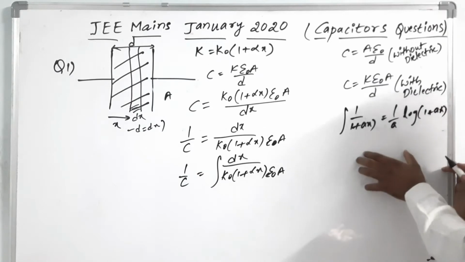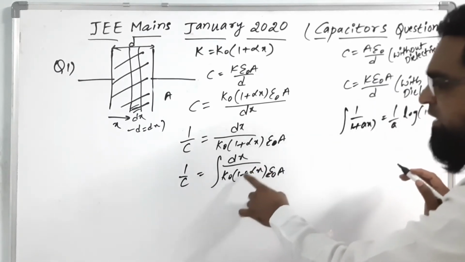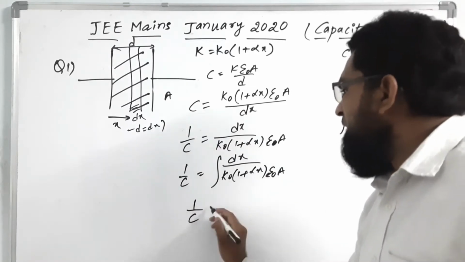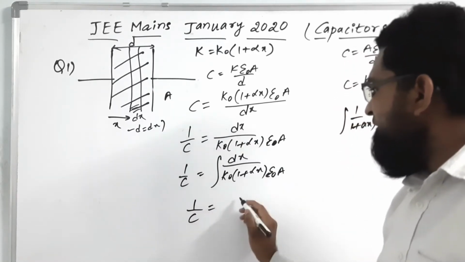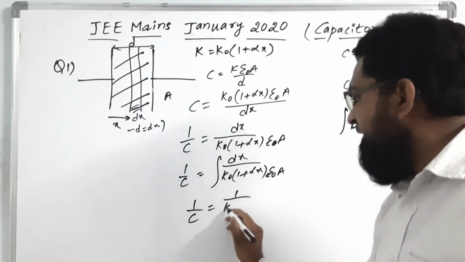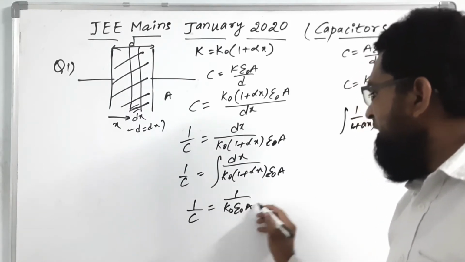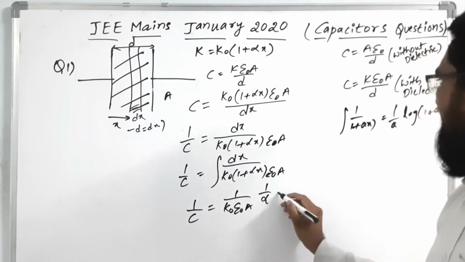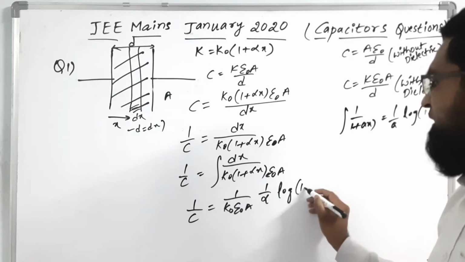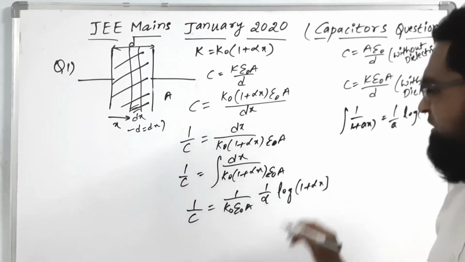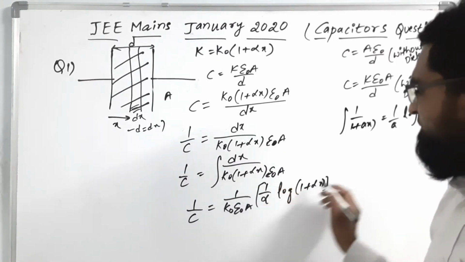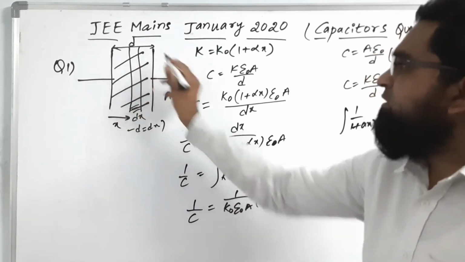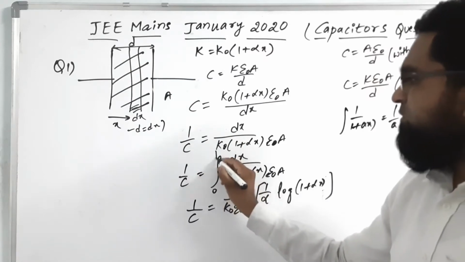Here also 1 by 1 plus alpha x is there. So 1 by C is equal to, with the constant value K naught epsilon naught A outside, 1 by alpha and log of 1 plus alpha x, with limits 0 to d.